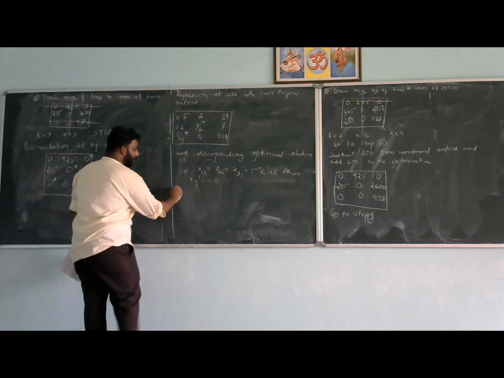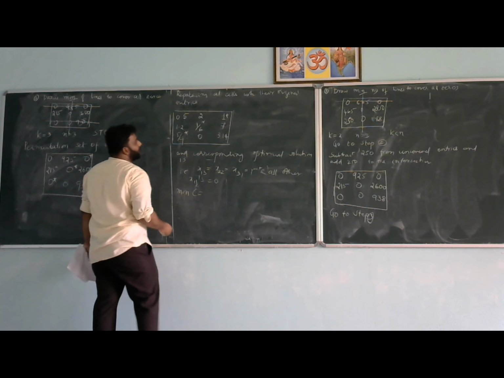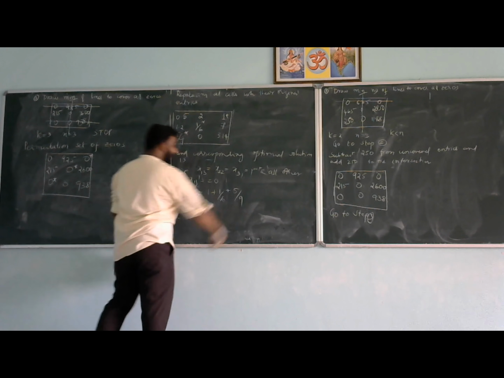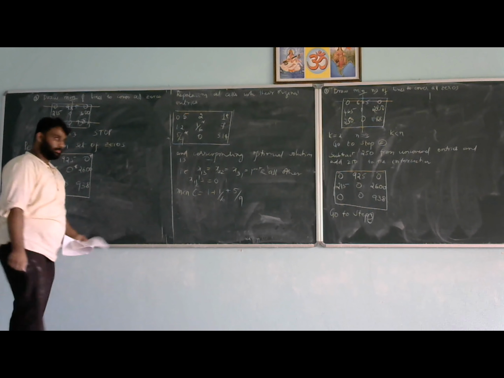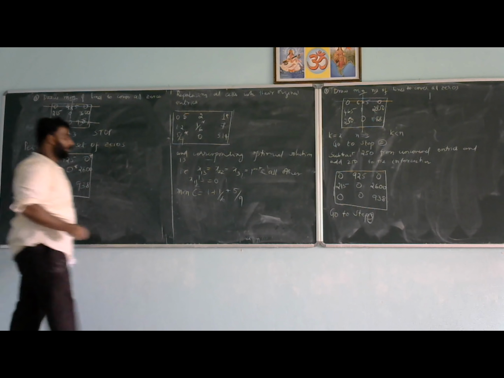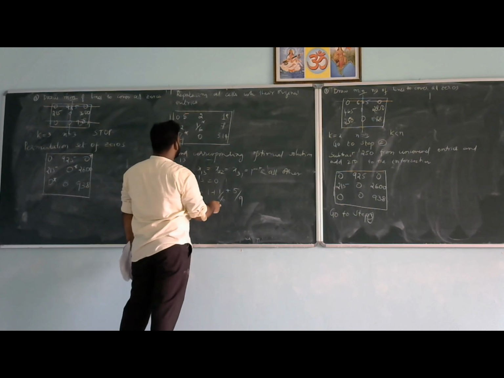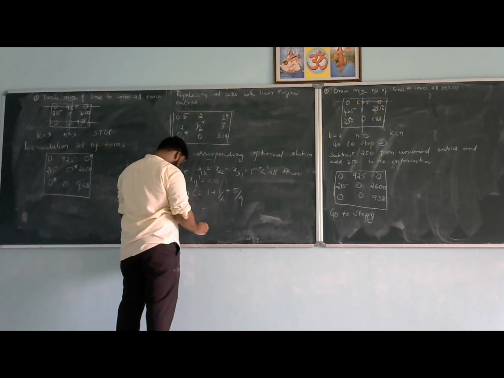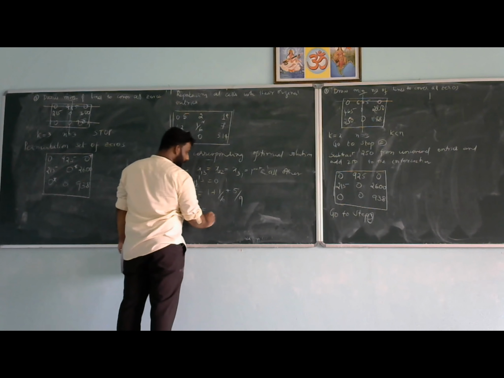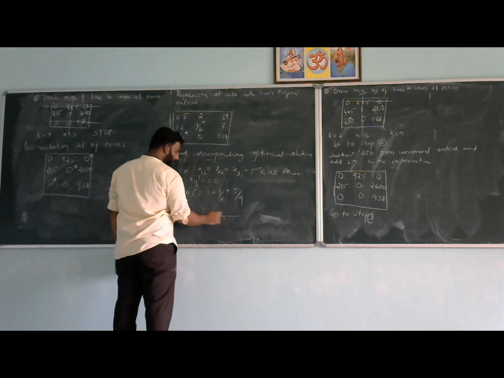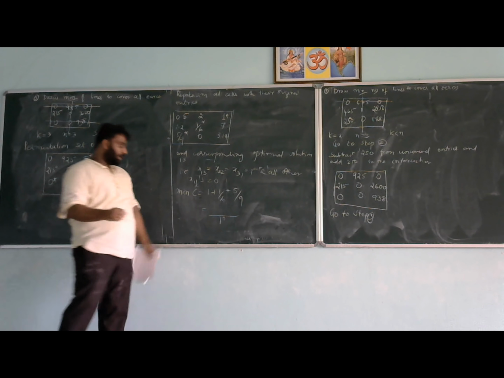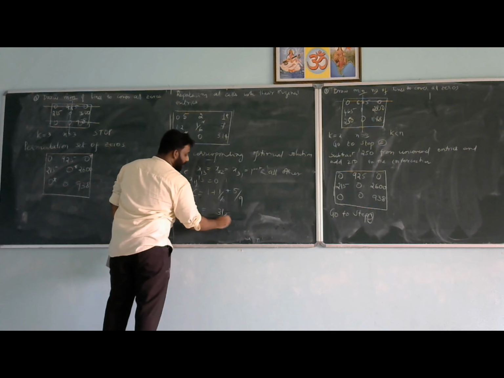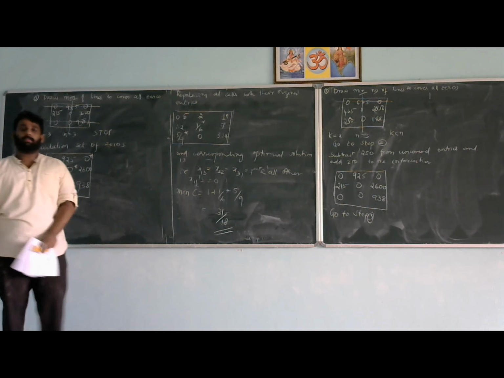Now the minimum cost is 1 plus 1 by 6 plus 5 by 9. If you calculate this, you will get 31 by 80. So the minimum cost is 31 by 80.